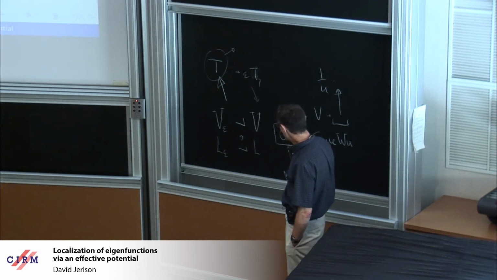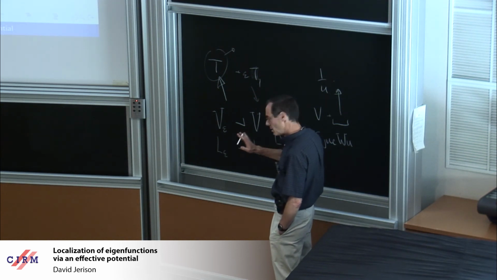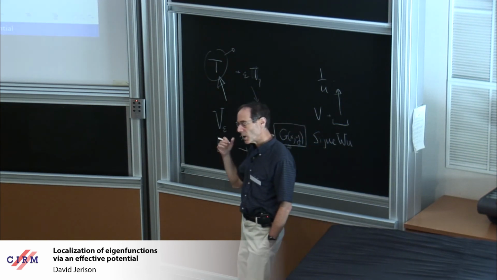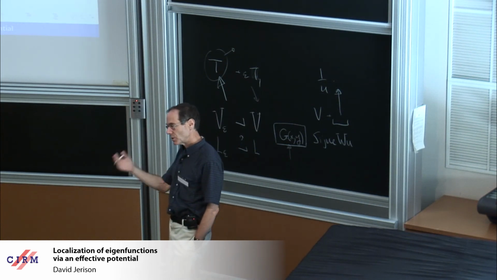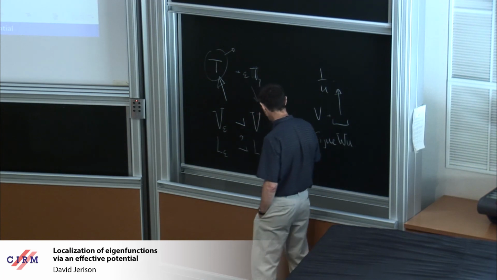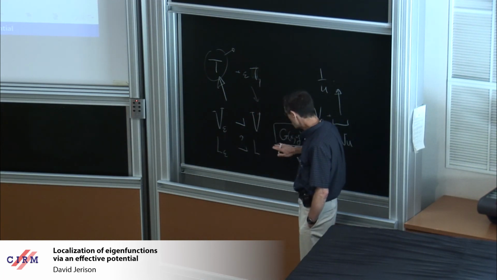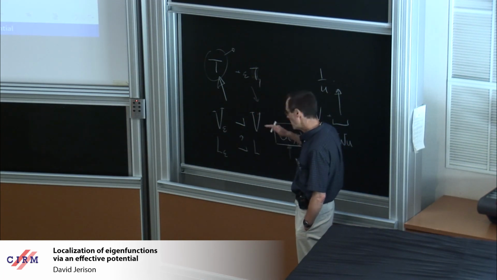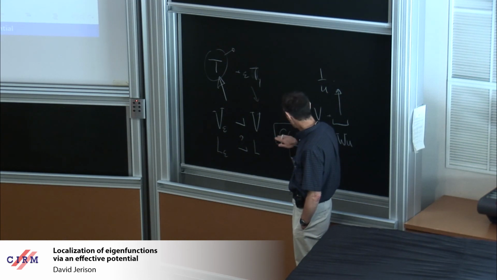So just to mention another connection in a similar vein, the people who do Anderson localization, so this probabilistic part is somewhat unsolved, especially in dimension 3. People are interested in a phase transition.